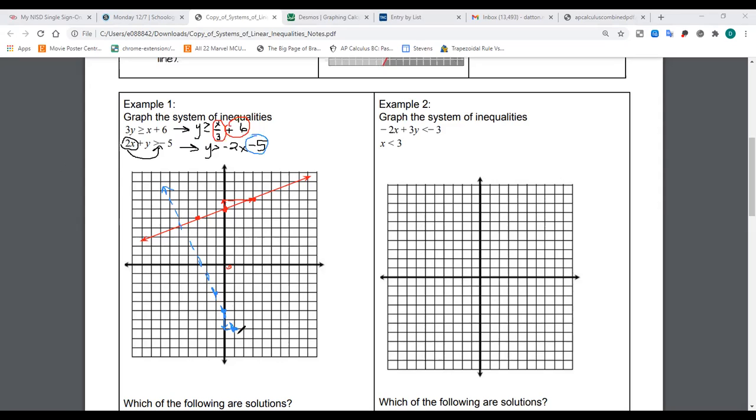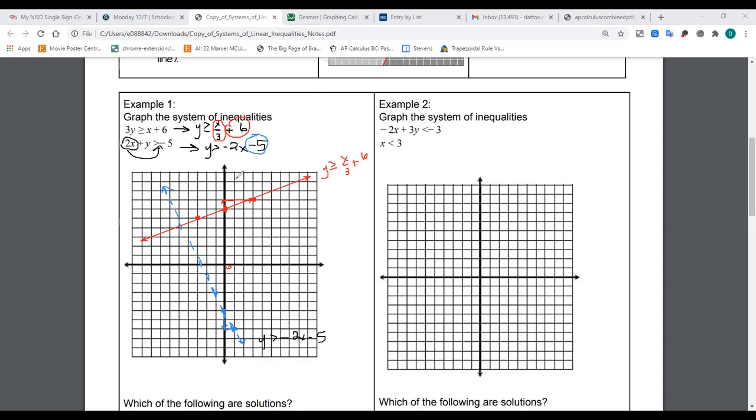Here, going down this way. Now, this line is y is greater than negative 2x minus 5. This line is y is greater than or equal to x over 3 plus 6.